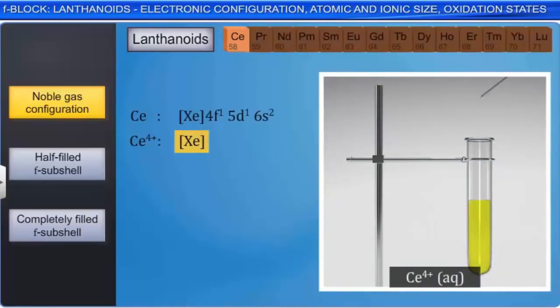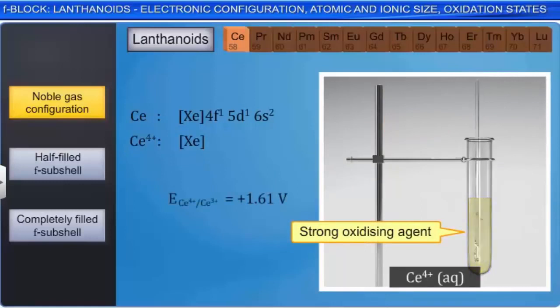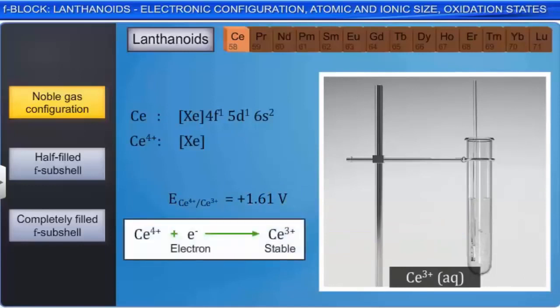Therefore, it reverts to the stable +3 oxidation state. In addition to cerium, neodymium, promethium, terbium and dysprosium also exhibit +4 oxidation state in their oxides.